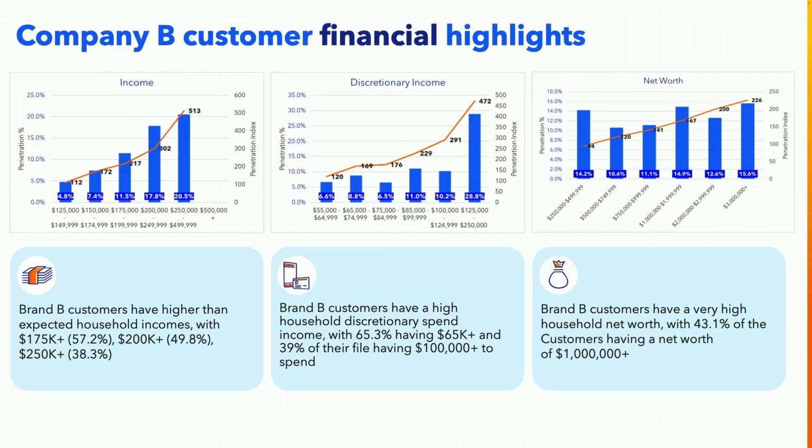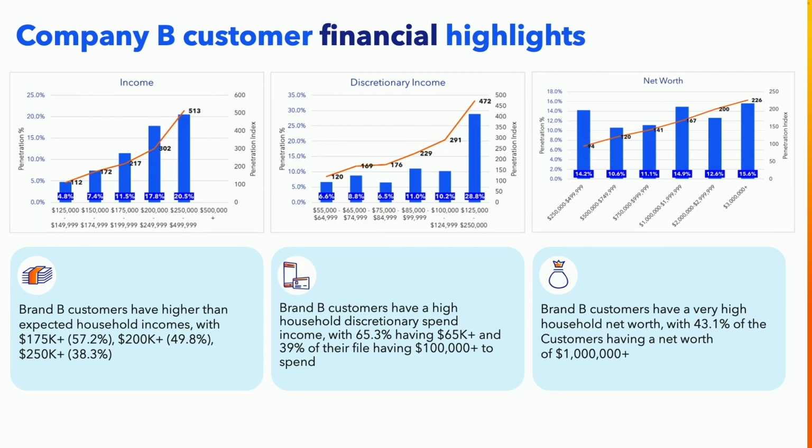This is an affluent audience, it's an affluent product. But what we were able to provide is that yes, the income and discretionary income respectively were higher, but the averages were actually higher than where they were considering it to be, which gave them more perspective on overall spending power as well as net worth.